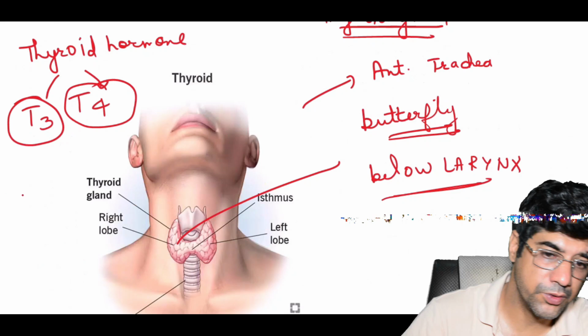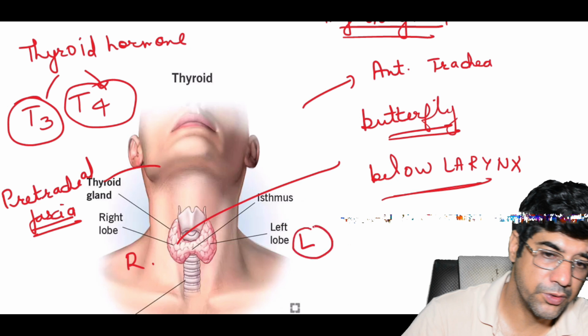Now remember that the thyroid gland is located in the anterior neck and it is enclosed by the pretracheal fascia. It consists of two lobes, the right lobe and the left lobe.